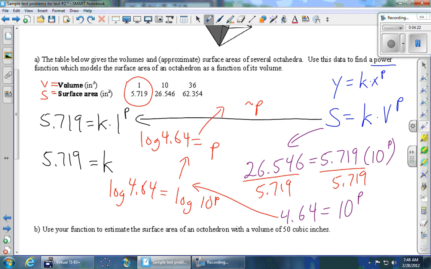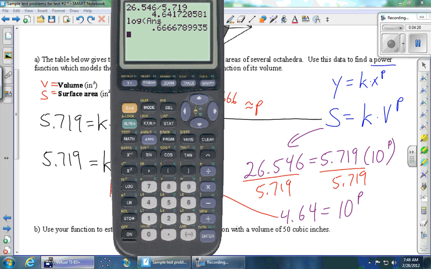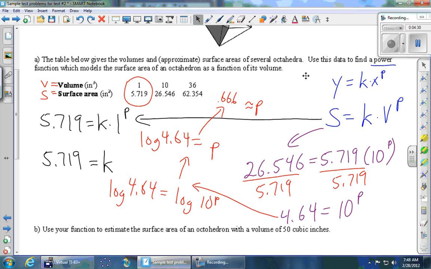So P is roughly 0.666. Make sure I got enough sixes there. 1, 2, 3, 4 sixes. And so the next one, I guess, is 7. So you can just call it that. If you feel comfortable thinking it's a 2/3, well, you're probably right. These numbers in the bottom row of our table were all rounded. So we can call it 2/3, and ultimately don't forget to write the formula.